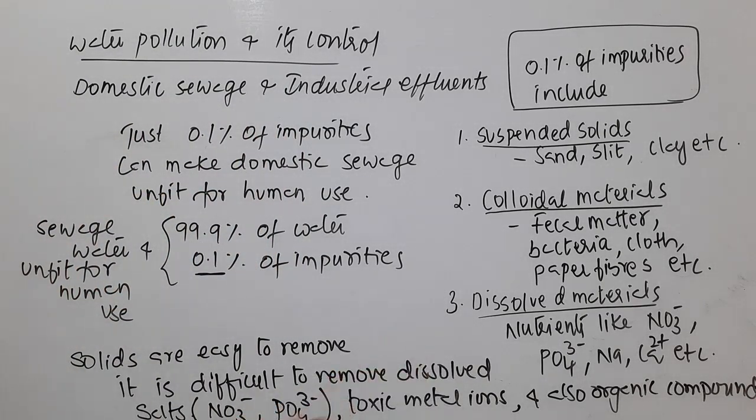So these substances are quite difficult to remove. So we say that solids we can remove easily, but what we find difficult to remove are nitrates and phosphates, which we call dissolved salts, and then toxic metal ions that may be present coming from industries, or sometimes even from domestic sewage, and also organic compounds which are present in the sewage waters.